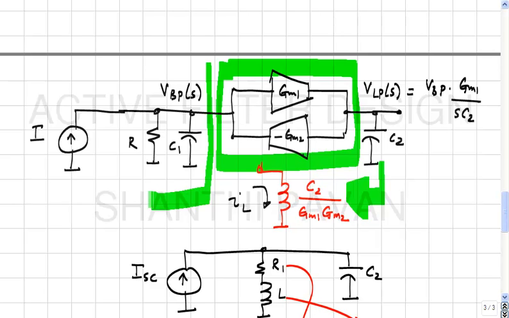The moment you put a gyrator, what is happening? The impedance is becoming the admittance, so the time constant still remains the same, only the denominator moves to the numerator. You understand?